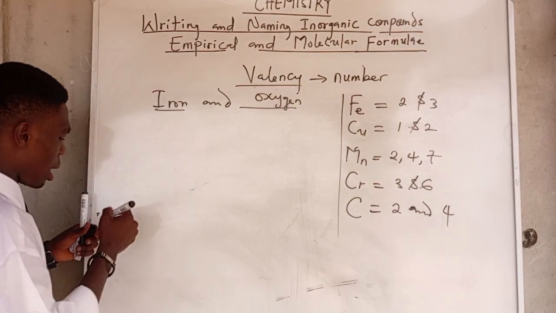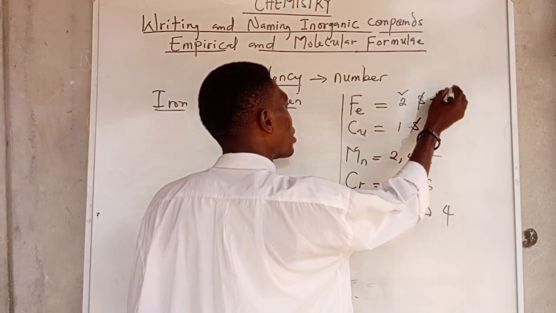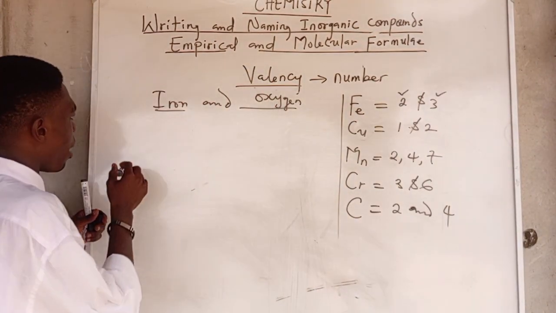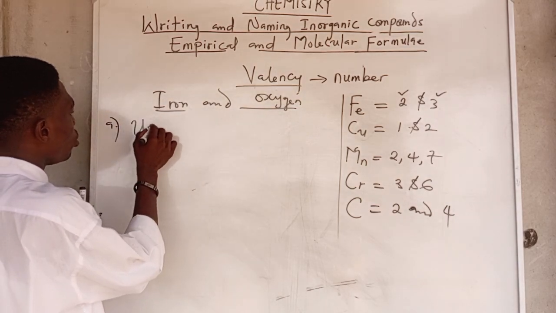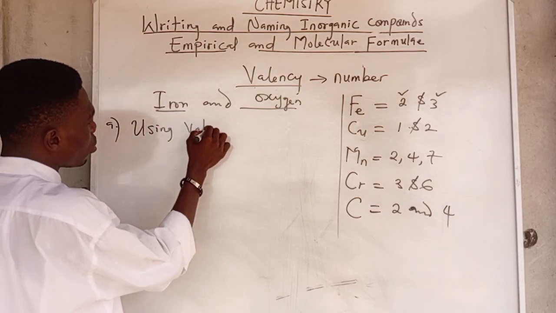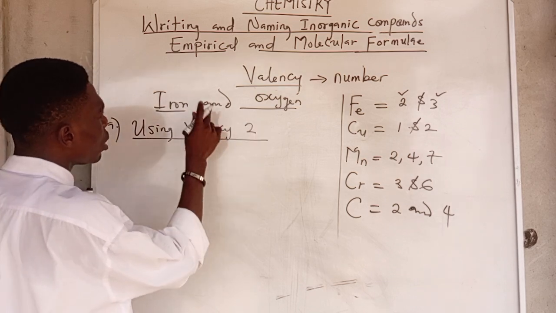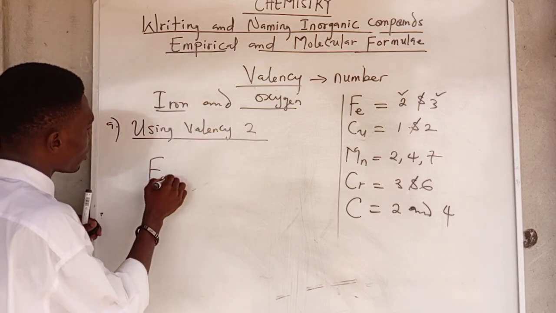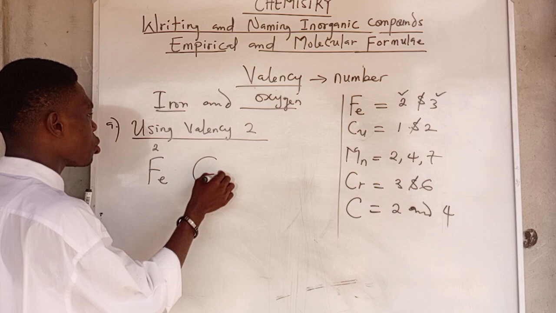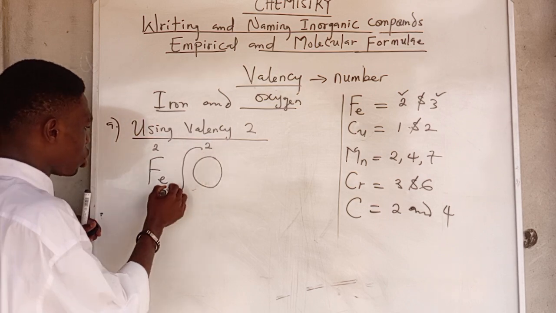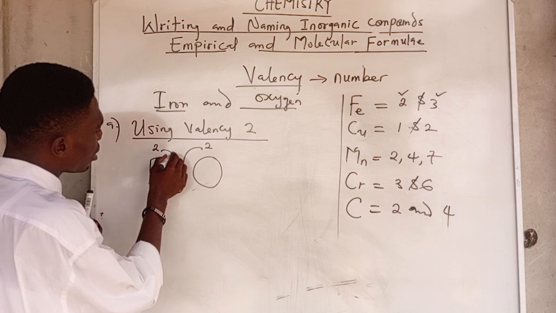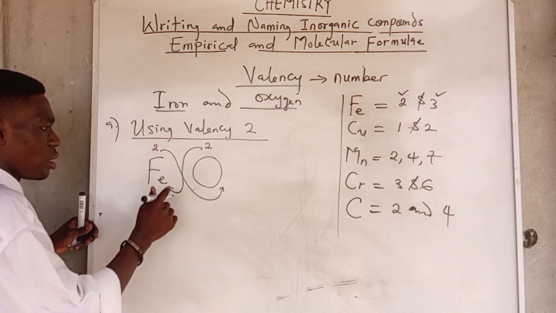So I'll bring iron. Now that iron has 2 valencies, 2 and 3, I'm going to solve the first one using valency 2. I'll have the iron Fe, I'll write the valency 2. Remember that oxygen, the valency is 2. I've done that in the first example. So we interchange the valencies to give us the subscript of the respective elements.